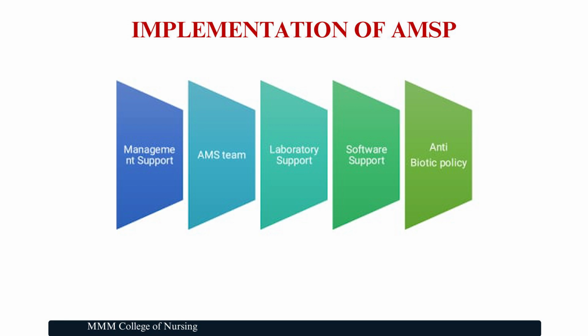And the fifth step is antimicrobial policy. There should be availability of a proper antibiotic policy in all the hospitals that can be followed by the treating physician. So these are the steps involved in the implementation of the antimicrobial stewardship program: management support, antimicrobial stewardship team, laboratory support, software support, and antibiotic policy.